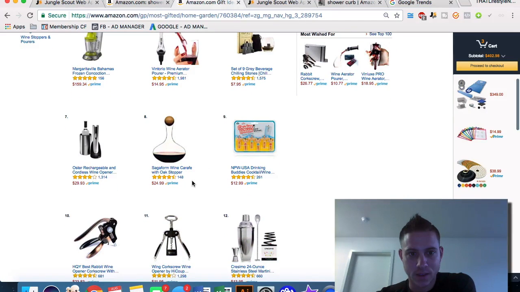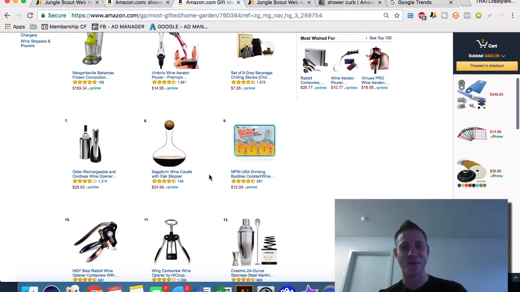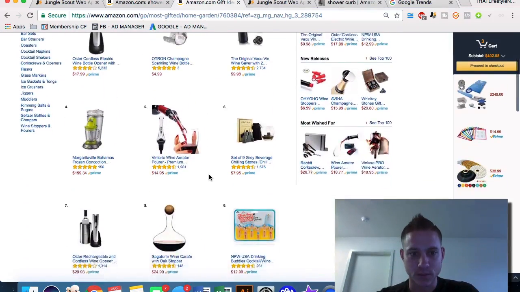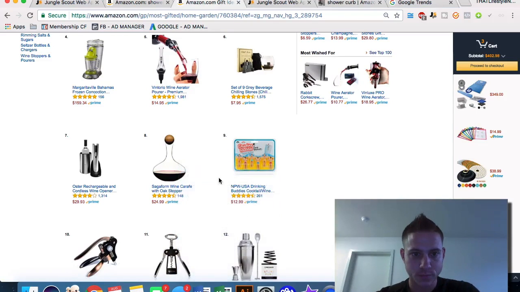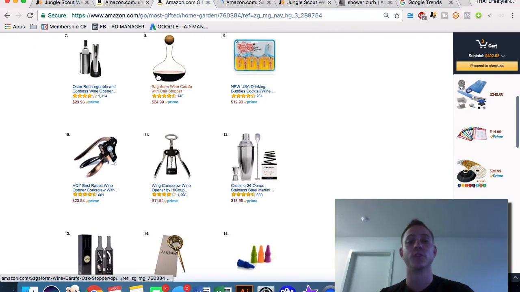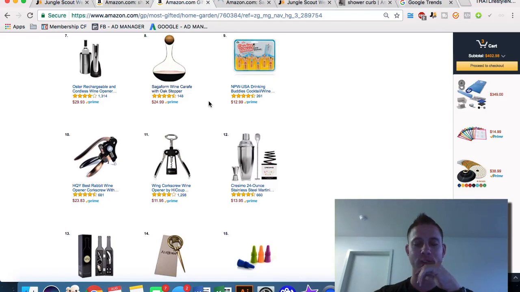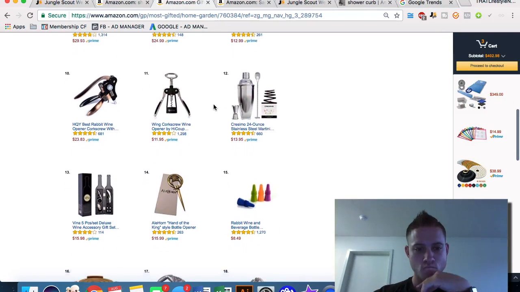A wine carafe. I'm probably pronouncing that wrong, but it's an interesting one. You'd have to be careful with shipping for this, right? Large glass items like this are definitely more breakable in transit versus things like fidget spinners or silicone baking mats.